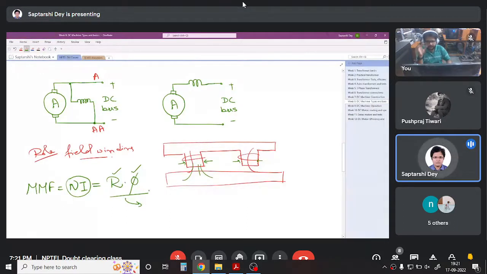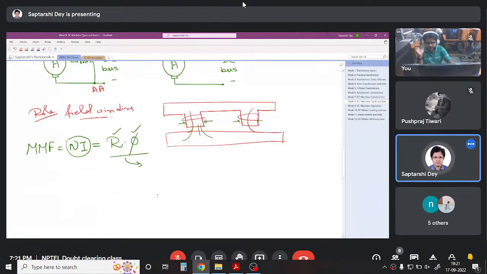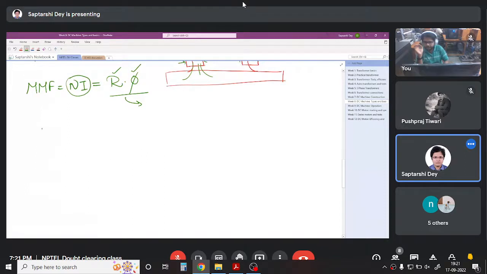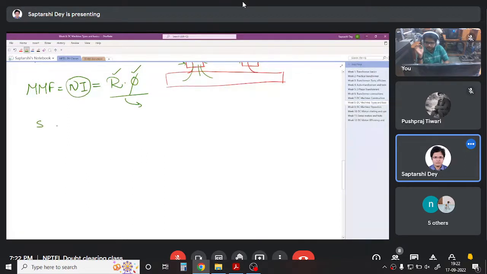For a given value of MMF, you can have two cases. You can have a small number of turns and a large amount of current flowing through it. Or you can have a small amount of current flowing through a large number of turns.